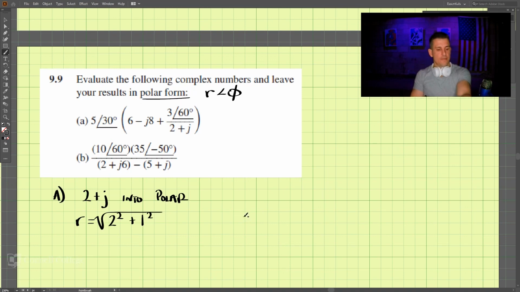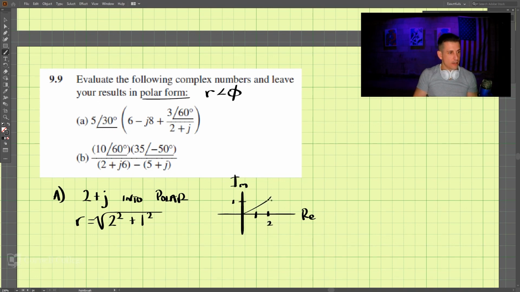Now you can think of this value as a vector, and you have 2 in the real direction, and then in the imaginary direction you have 1. So we have 2, 1, this looks like a vector here, and we're looking for the length of this. To do that, we need to use the Pythagorean theorem, 2 squared plus 1 squared and the square root of that. So that is the square root of 5.